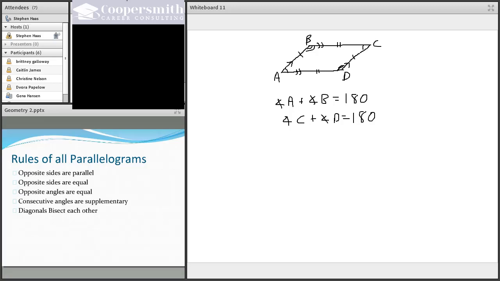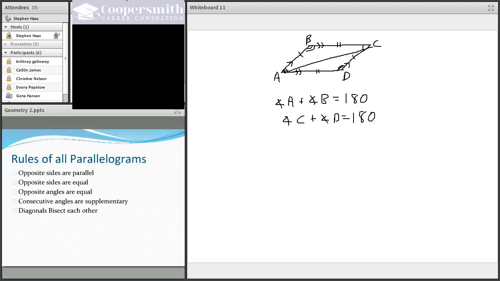And the last rule for a parallelogram that I want you to remember is that diagonals, and I'm going to have to try to draw this with a straight edge. Yikes. No, that didn't work. You know what, never mind. I can't really use a straight edge with this thing. All right, this is one diagonal, and this is another diagonal.